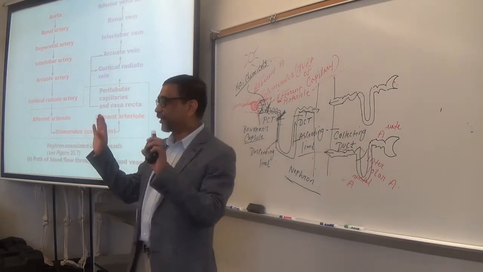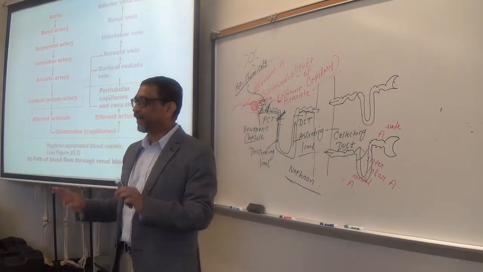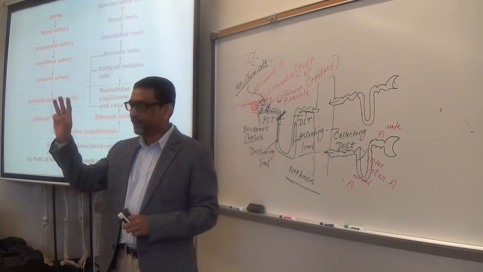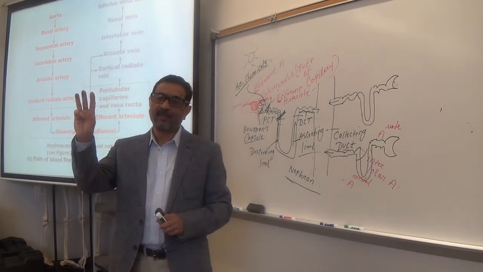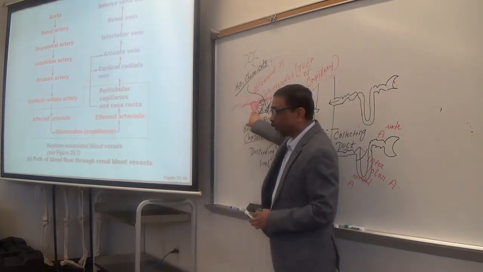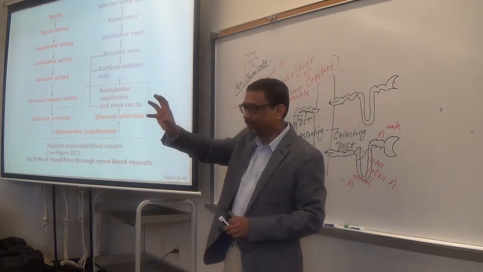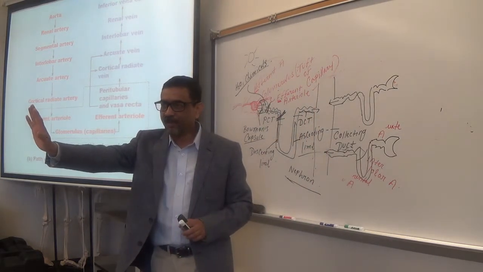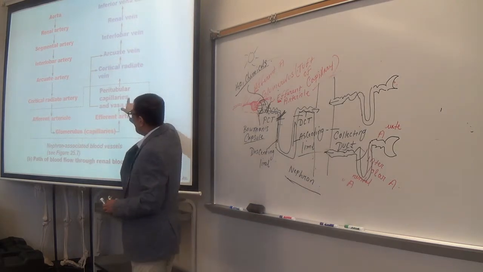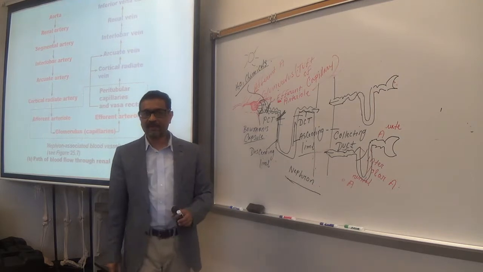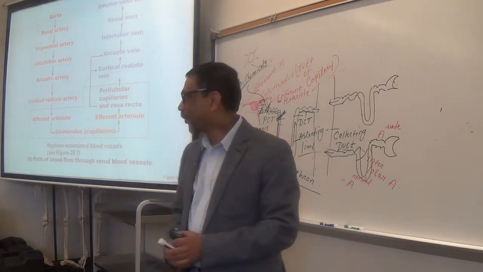You remember at the very beginning today I said inside the kidneys how many types of capillaries you have? 3. One is, you already know, this is a capillary structure. This is called glomerulus. It is a ball or tuft of capillary, right? So that is number 1. Number 2, you have peritubular capillaries, and number 3, vasa recta.